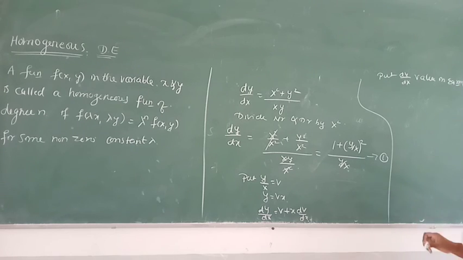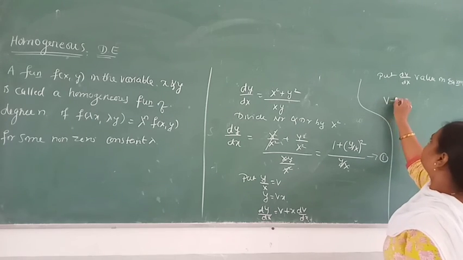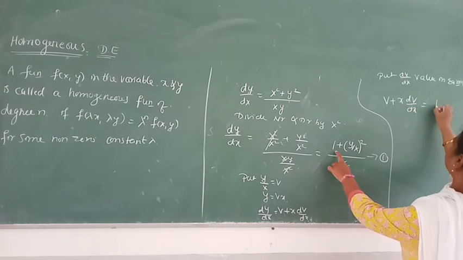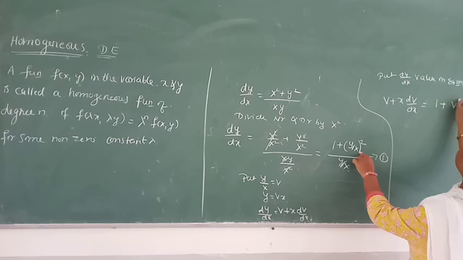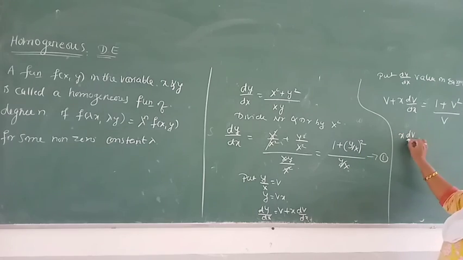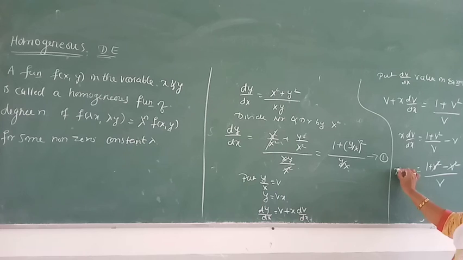We get v plus x into dv by dx is equal to 1 plus v square divided by v, as y by x is v. Or x into dv by dx is 1 plus v square divided by v minus v, or 1 plus v square minus v square by v is x into dv by dx, or x into dv by dx is 1 by v.